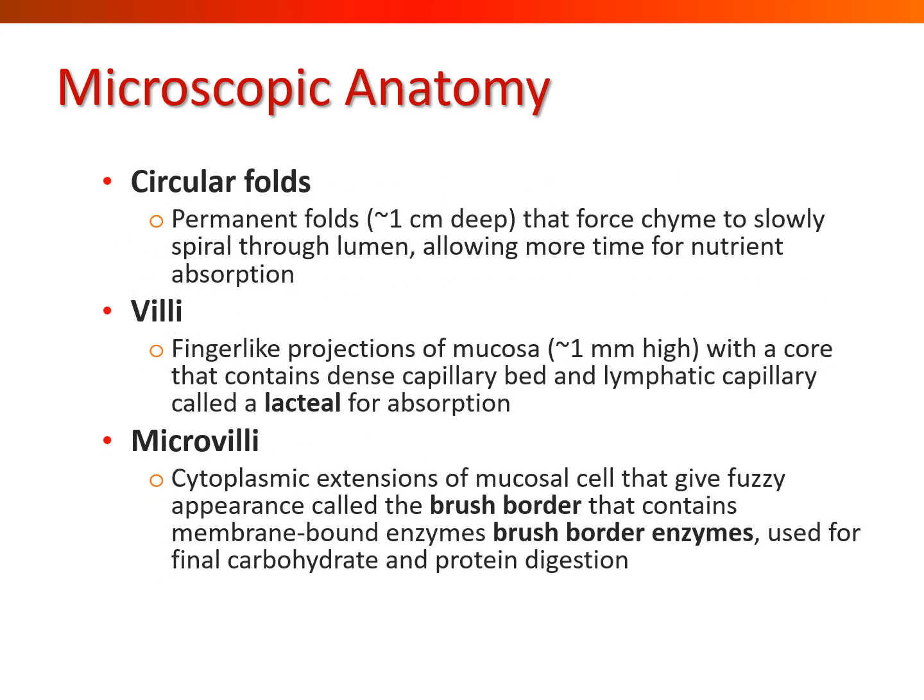So the circular folds are these permanent folds in the wall of the intestinal tract. They're about a half inch deep, about a centimeter deep. And the way that they go around the lumen basically forces the chyme to spiral through the intestinal tract.